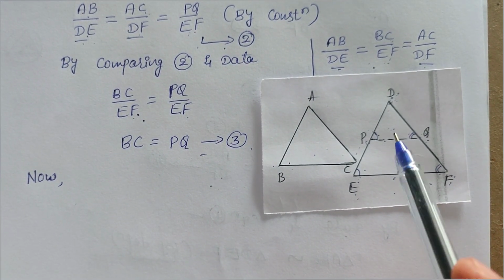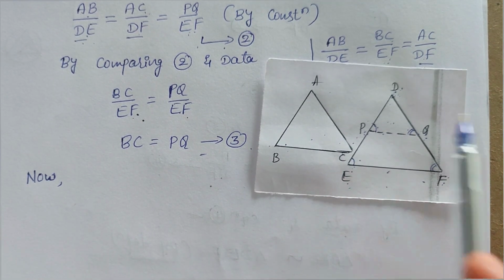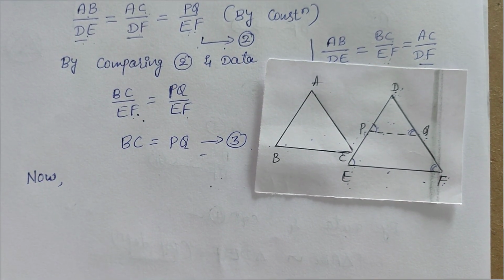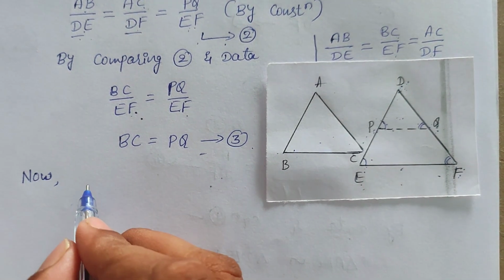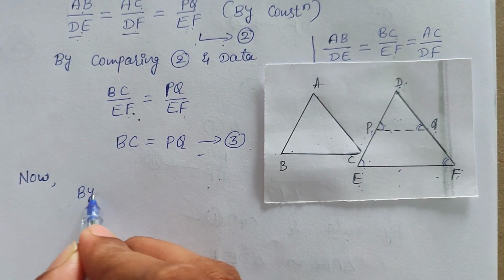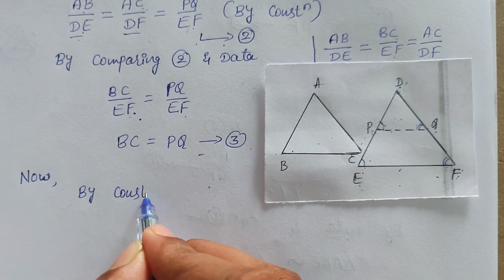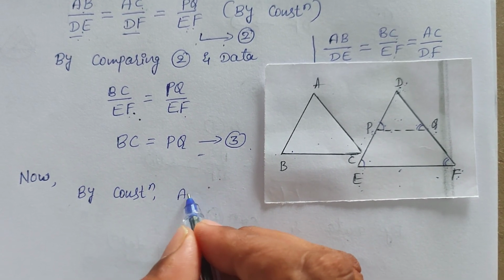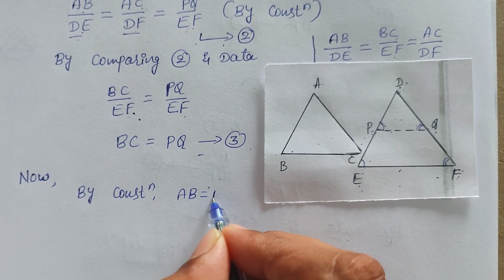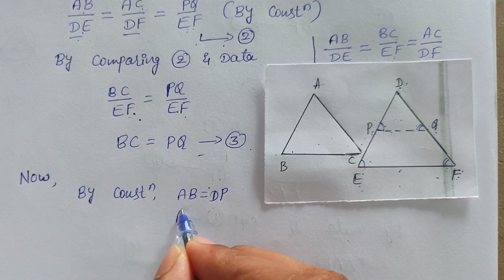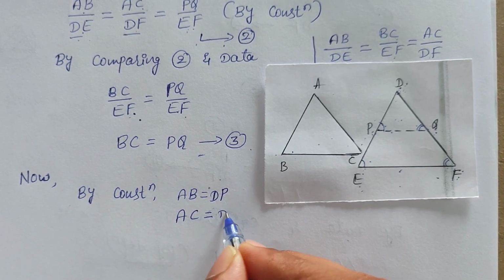By these three, that is SSS congruency, which you have learnt in the 9th standard, we can write: by construction, AB equals DP and AC equals DQ.